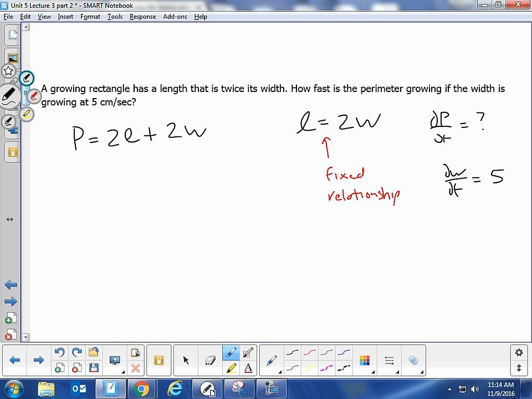Since this is fixed, yes, the perimeter of just a random rectangle is twice the length plus twice the width, but the perimeter of this specific rectangle can be expressed by 2 times 2W plus 2W, and that can be simplified.